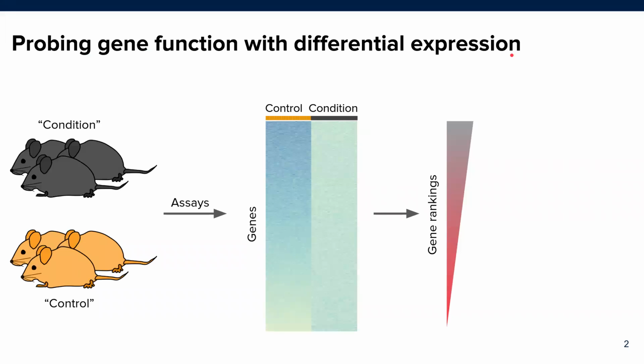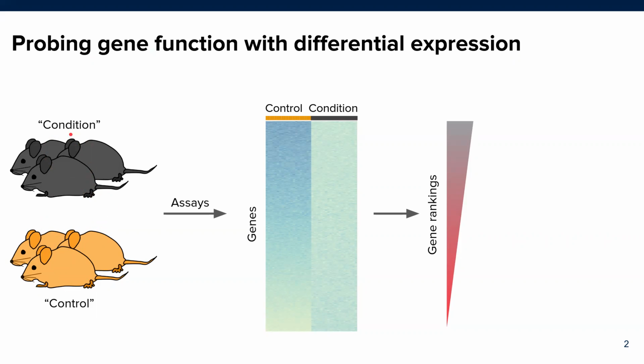To first make sure everyone's on the same page about what this data is, I'll give a brief overview of differential expression analysis. Essentially, a researcher gathers gene expression data from two groups of biological interest. These two groups are meant to represent unique biological states that are being compared, typically a control group and a condition group.